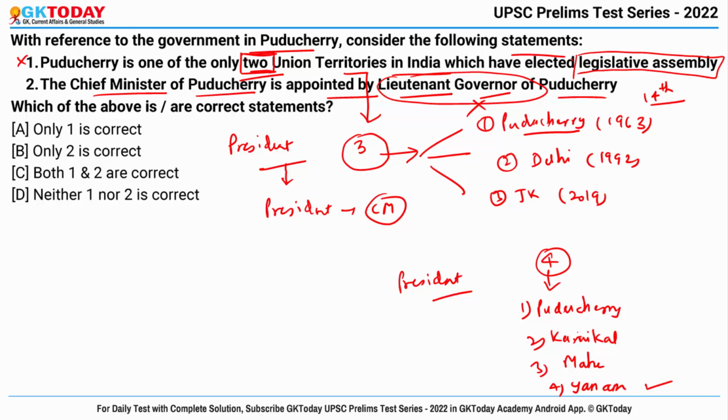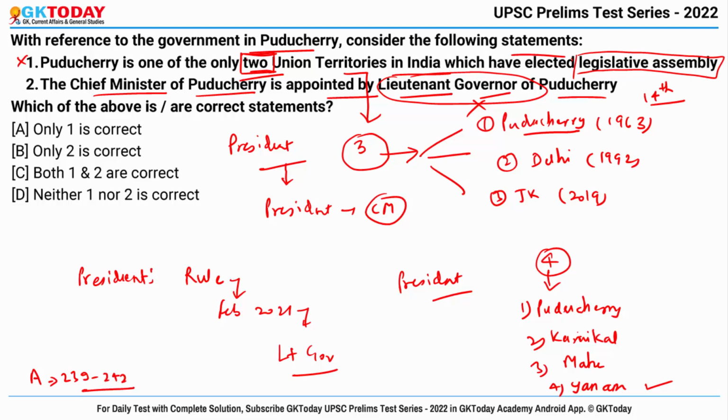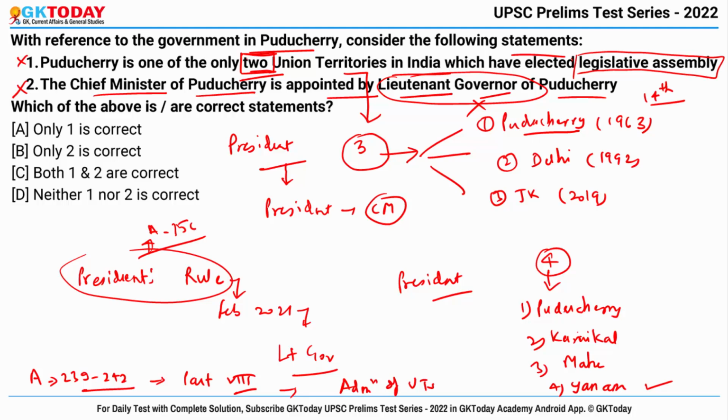Because recently President's rule was imposed there in the month of February 2021 on recommendation of the Lieutenant Governor. Also important thing is Articles 239 to 242 of the Indian Constitution under Part 8 deal with administration of Union territories. And the President's rule comes under Article 356. So none of the options are correct. So the right answer becomes neither.